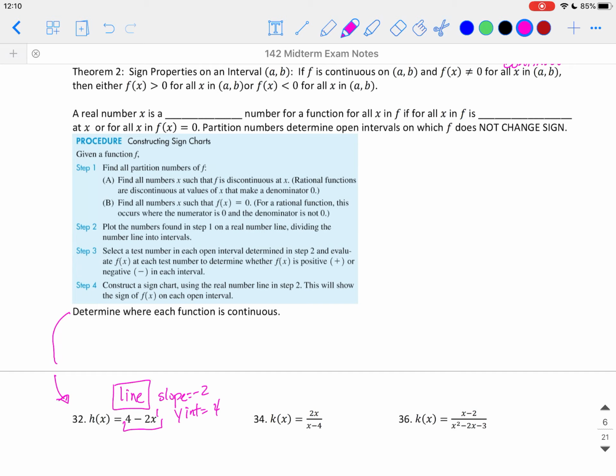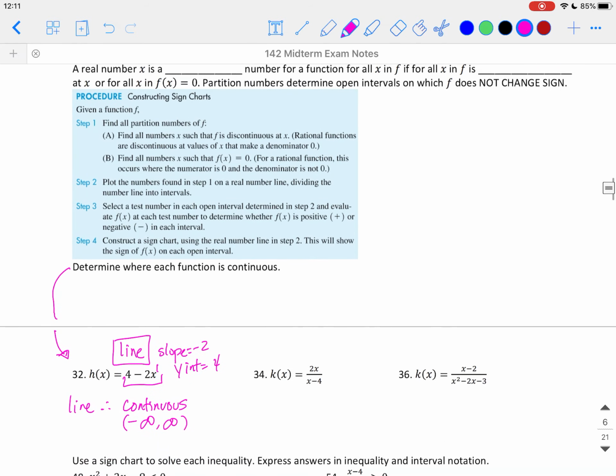So if it's a line, it's continuous all throughout, from -infinity to +infinity. We can also say that it's continuous for x being an element of all the real numbers. These two things say the same thing, one in interval notation and one in set builder notation.